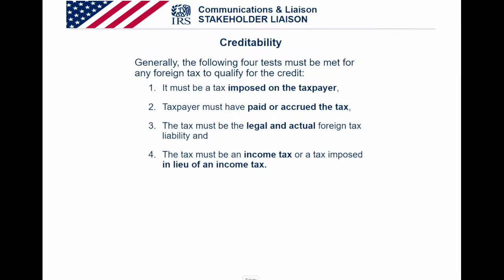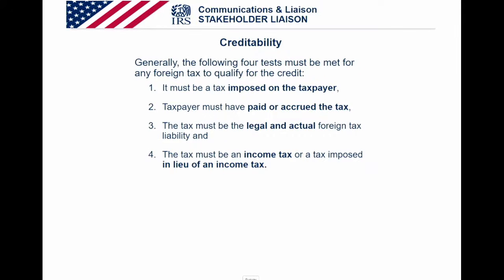But before I go into these notices, I want to mention that the new FTC regulations were finalized in 2022, and they replaced some of the old regulations.